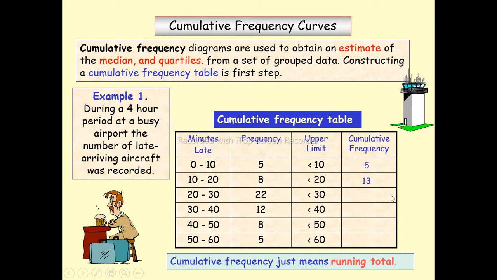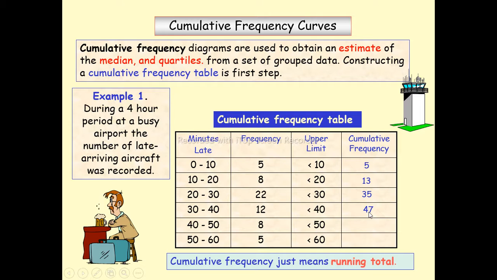Then to get the third one, we add 13 to 22, and we get 35. For this block, we add 35 to 12, and that gives us what?